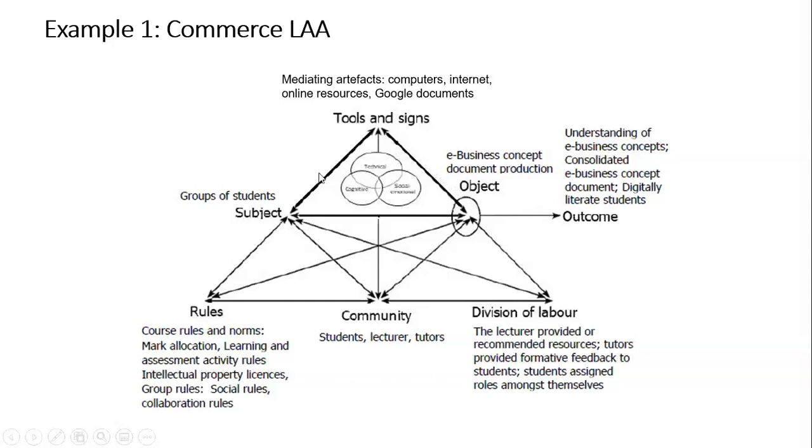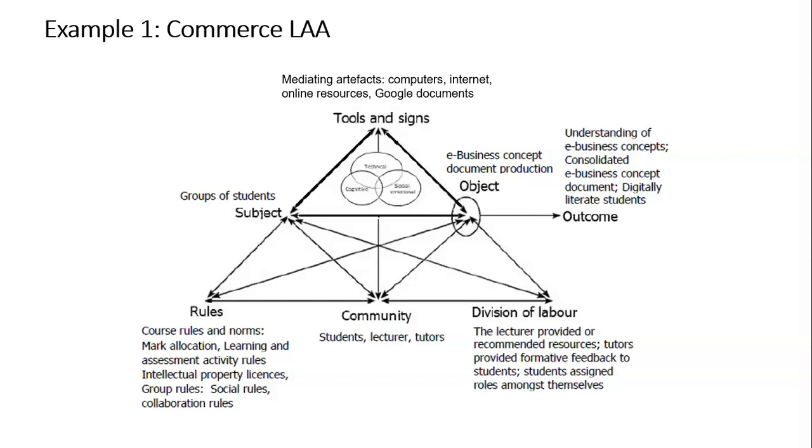To do that, these students had a number of roles that they had to work with. So there are the course roles and norms. They understand that this is our course, in this particular discipline, and there are a number of roles and norms we have to work with.